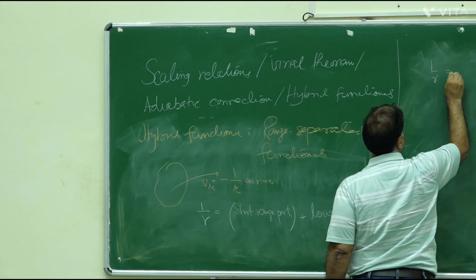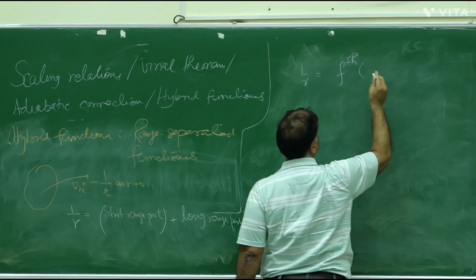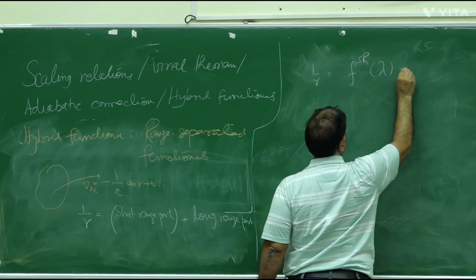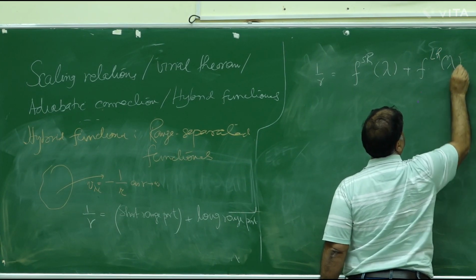So 1 over R is some function short range, a function of lambda, plus f long range, a function of lambda.